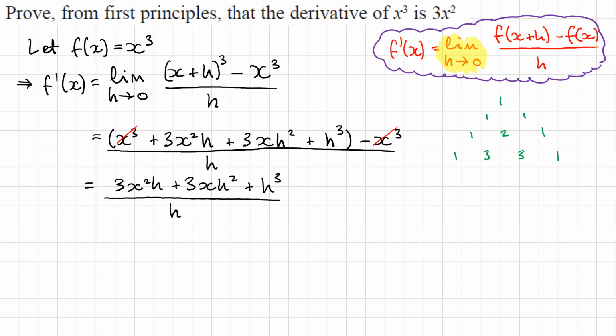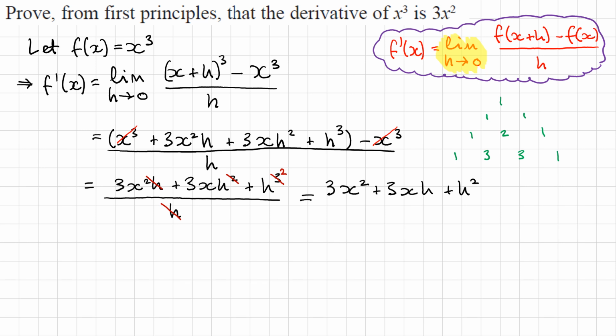What I want to do from this step, I want to cancel down the h, because I don't want to be finding the limit as h tends to 0 with h at the bottom there. So let's cancel down the h. So I know that these will cancel out. This power will become 1, and this power will go down to squared. So let's write out what we have. So 3x squared plus 3xh plus h squared.